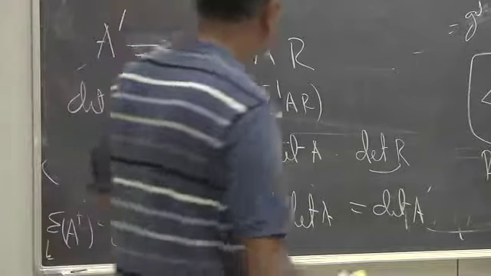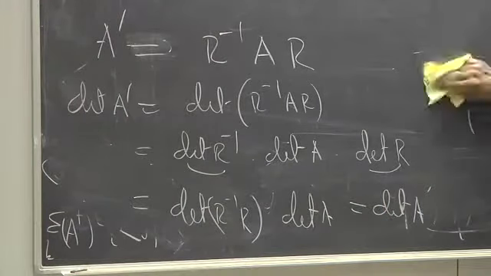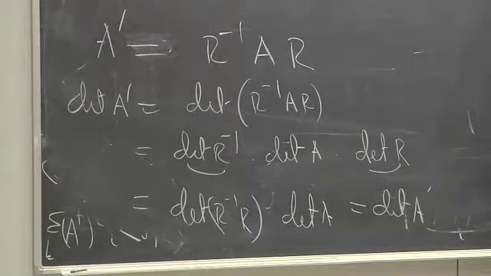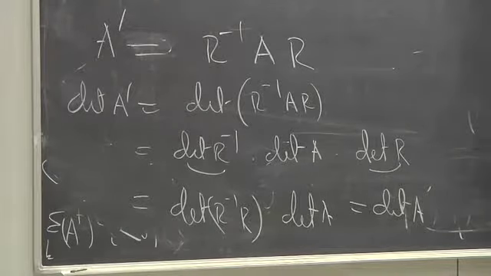Scalar object. Actually, there's another scalar you can construct from the matrix A, and that's the trace of the matrix.